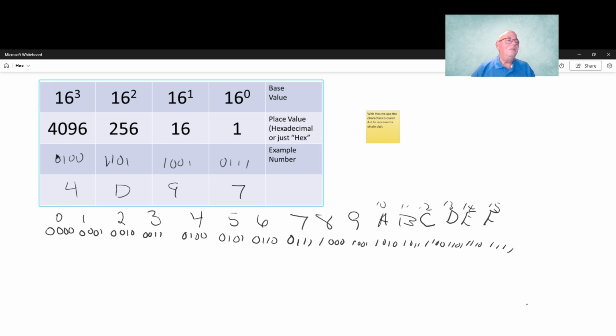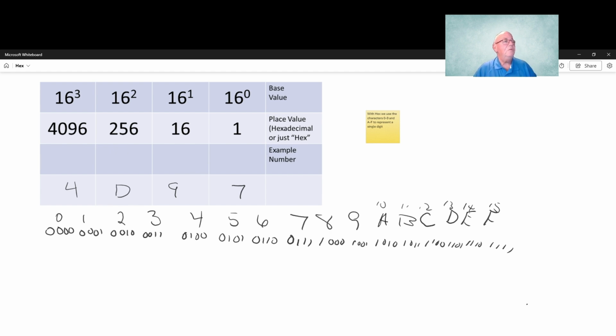So first of all, let's start with converting hexadecimal to decimal, and that is a pretty straightforward process. We'll just keep doing 4D97 because I'll be interested in figuring out what that number really is. This is similar to how we did this in the past with binary.